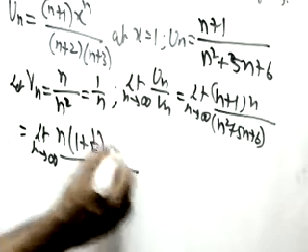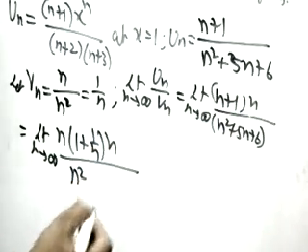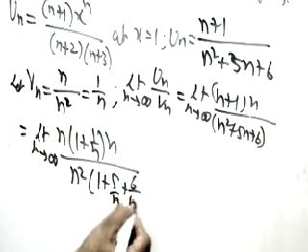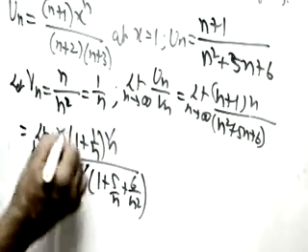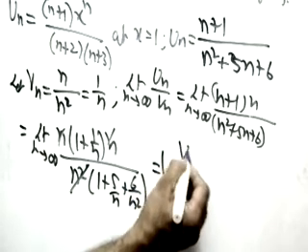Taking n common here, it will be 1 plus 1 by n, and 1 n here. Taking n square common, this will be 1 plus 5 by n plus 6 by n square. Now this n square and n square cancel. This value is 1. In the comparison test, we can get any value, 1 also; the test will not fail. Only for 0 and infinity the test fails.